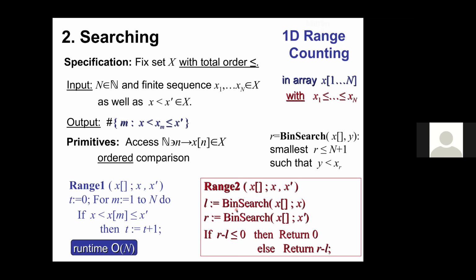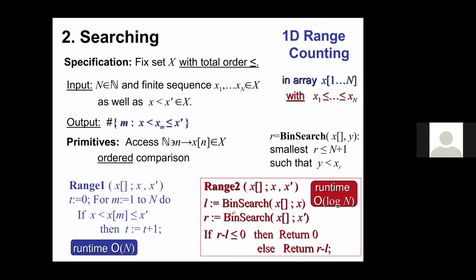Now the complexity of this algorithm is O of log of n, because this simple test here has constant cost, and the bin search algorithm has complexity log of n.